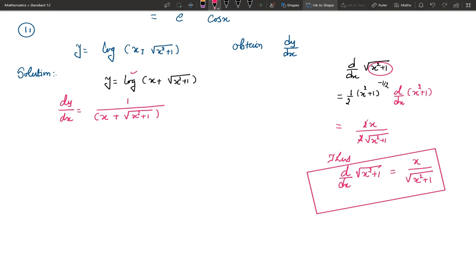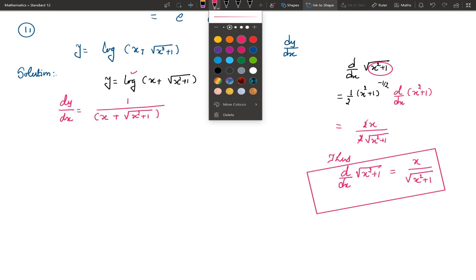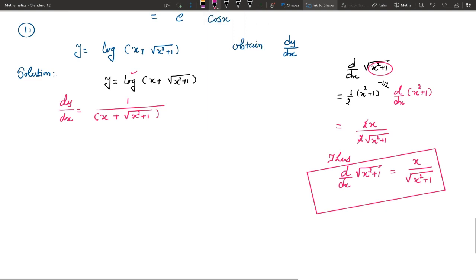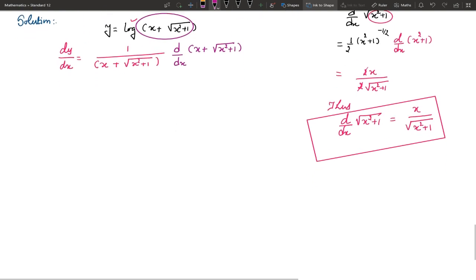upon. Now inside it is a function of x, so by chain rule d by dx of x plus under root x square plus 1.